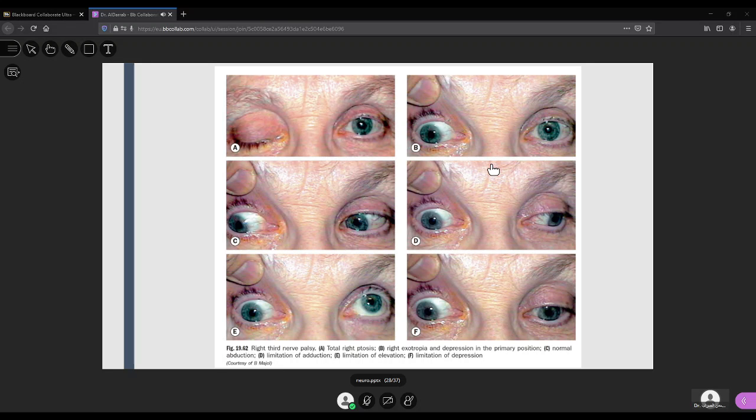Every muscle supplied by the third will be damaged. Adduction will be damaged, however abduction will be normal. E: elevation, of course, will be limited, the superior rectus will be damaged, the inferior oblique will be damaged. Depression again will be limited because the inferior rectus is damaged.